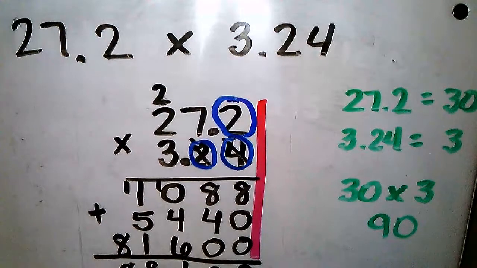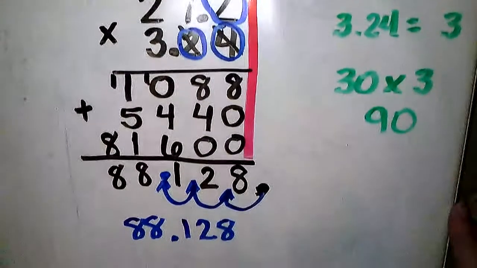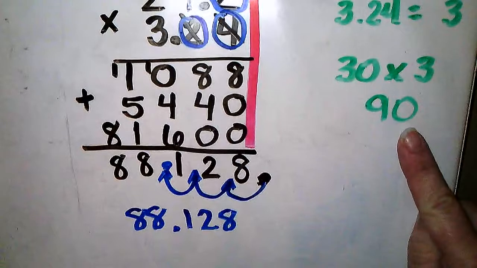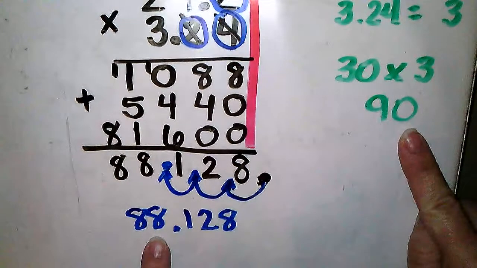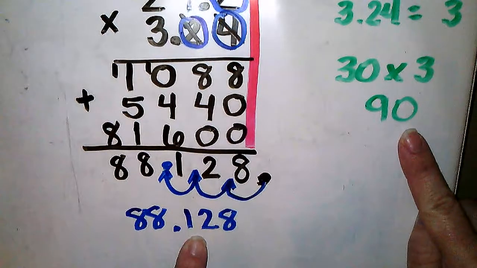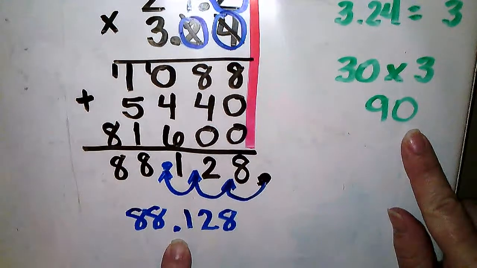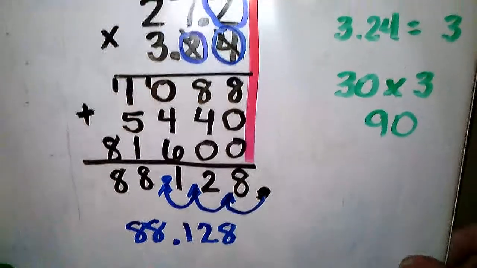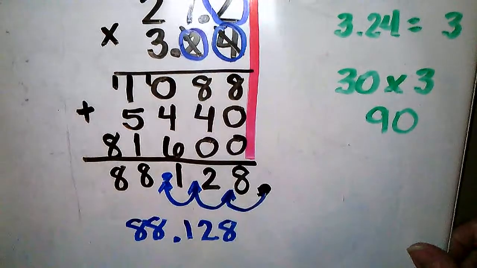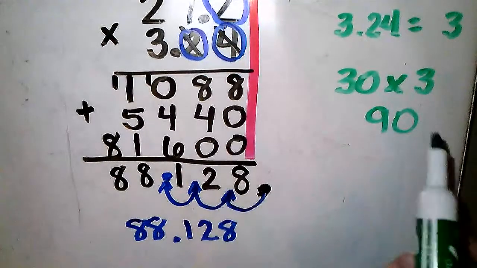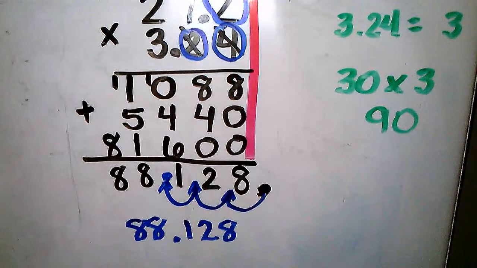So if my estimate is 90, I should get an answer that's close to 90. If I look at 90 and I look at 88 and 128 thousandths, that's really close to 90. So I know that putting my decimal here would make sense. Either of these strategies, whether it's counting the numbers behind the decimal place after you're finished, or making an estimate before you begin, or even afterwards, they're both great strategies. So use whichever one works best for you.